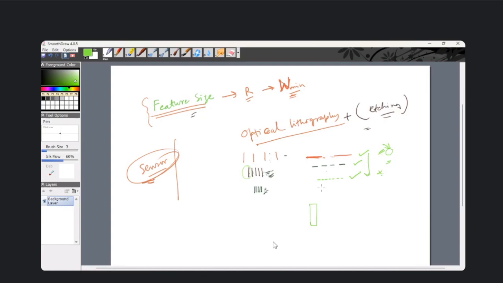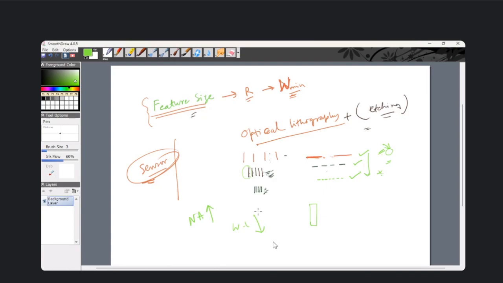To realize a finer pattern, you have to either go for a larger lens, meaning increasing the numerical aperture, that is the overall lens size, or the refractive index. That means it is expensive. Or you have to go for a shorter wavelength.